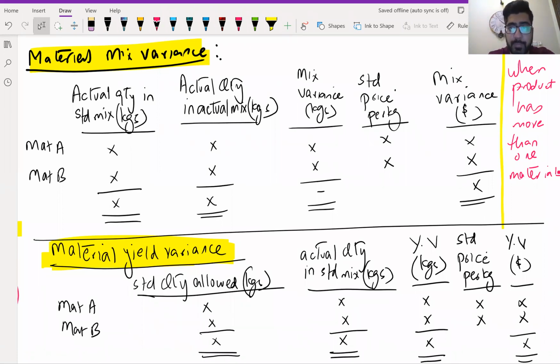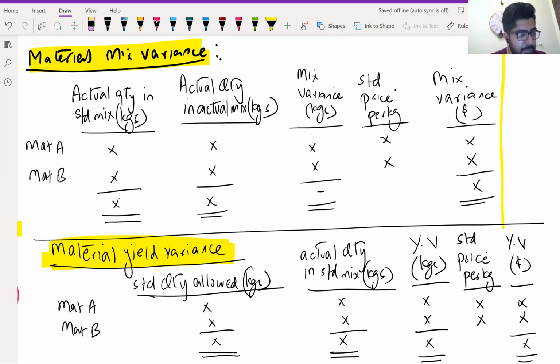Now, how do we generate them? Please pay attention. Firstly, I'm talking about the material mix variance. Material mix variance is a variance which arises when, let's suppose, you are making a product which uses more than one material.